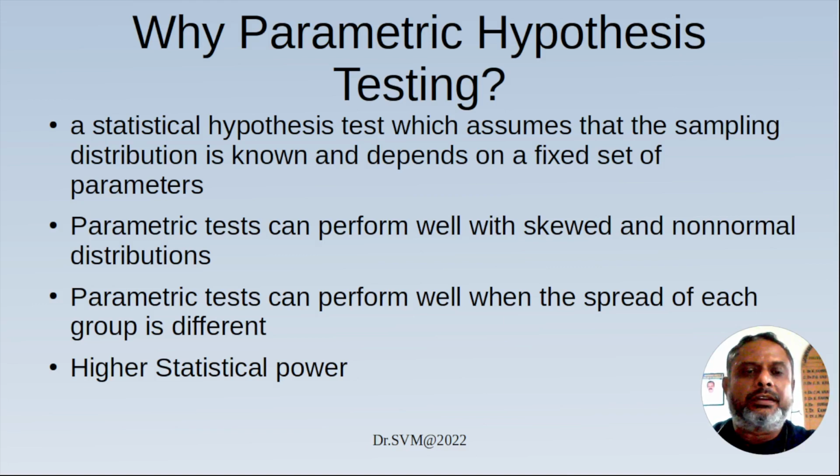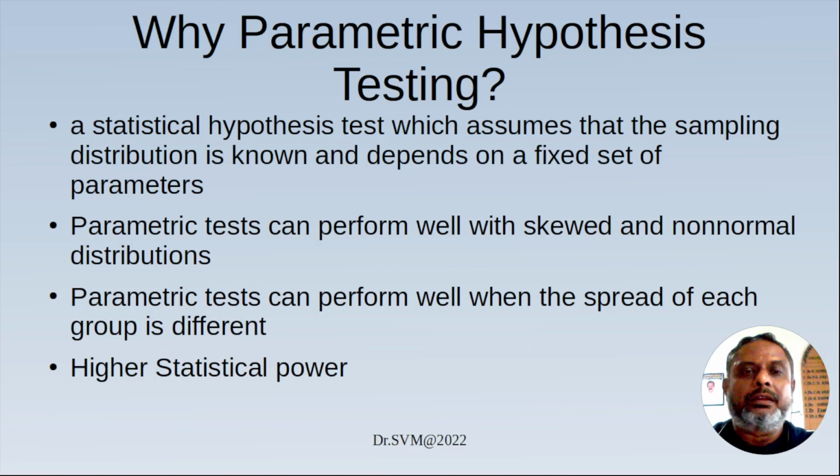The parametric test can perform well with skewed as well as non-normal distributions. It can perform well when the spread of each group is different, and it has a higher statistical power.